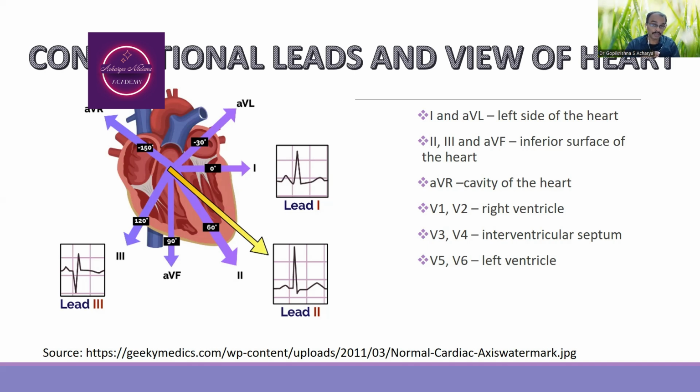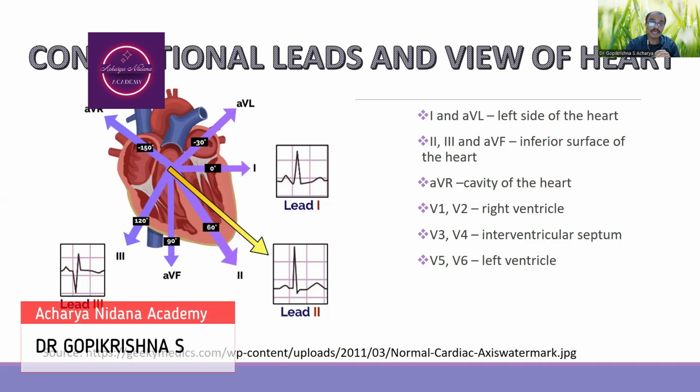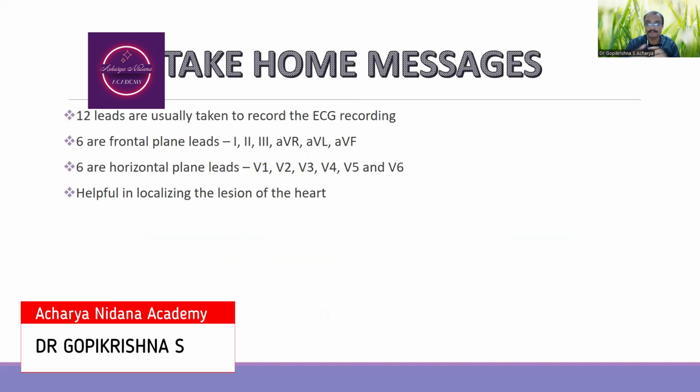V3 and V4 represent the interventricular septum. V5 and V6 represent the left ventricle. Whereas V1, V2, V3, V4, 1 and AVL represent the anterolateral surface of the heart. So this is the overall viewpoint on the conventional leads of the electrocardiogram.